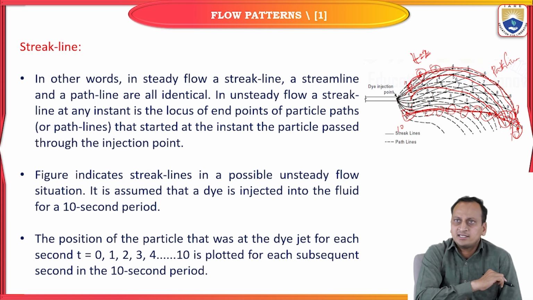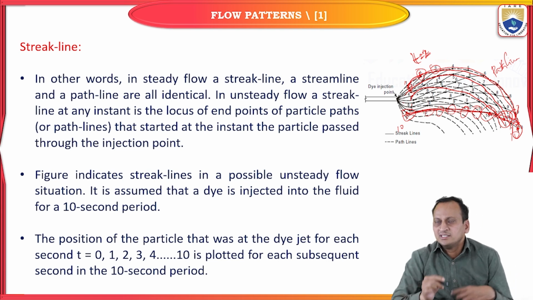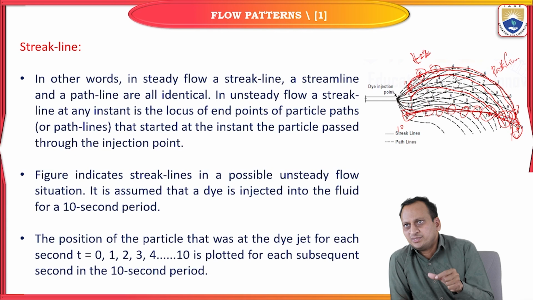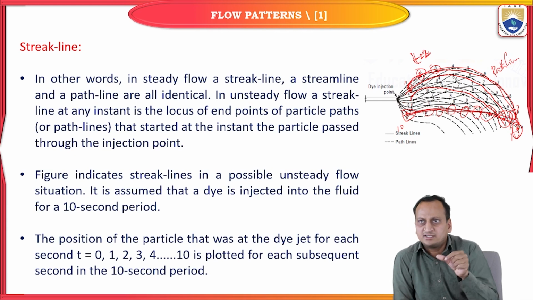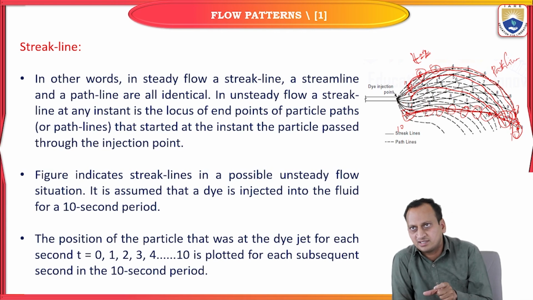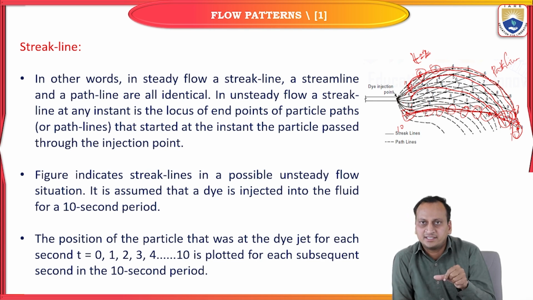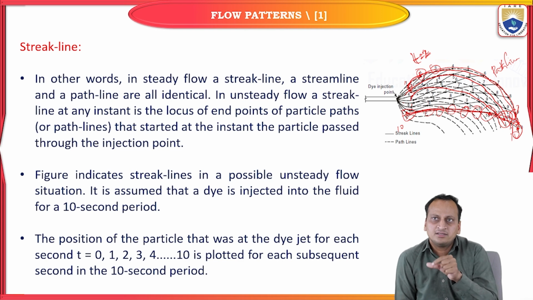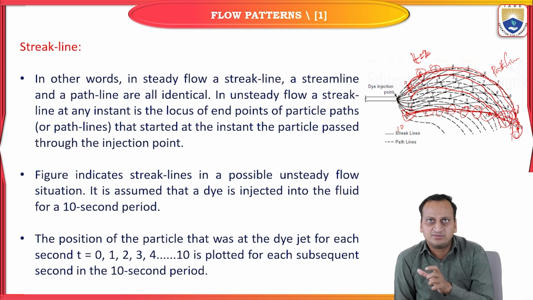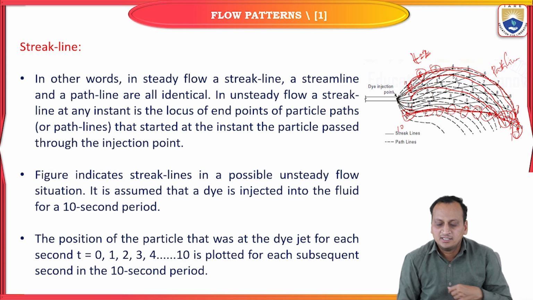And if you draw a line through all the positions through which a particle has traveled, then that particular line is known as a path line. But irrespective of the time it was injected, if you connect all these particles at a particular time, then you can call it a streak line.